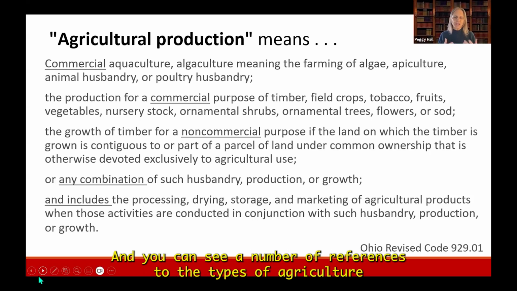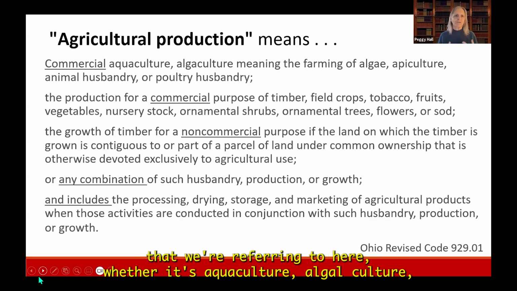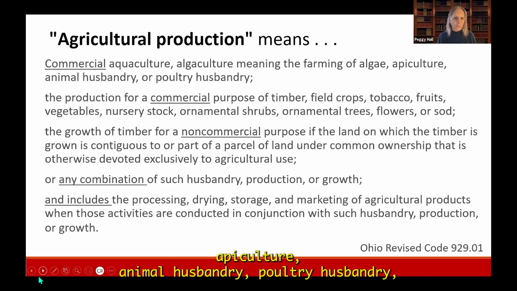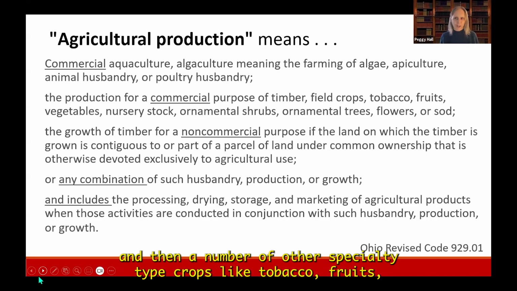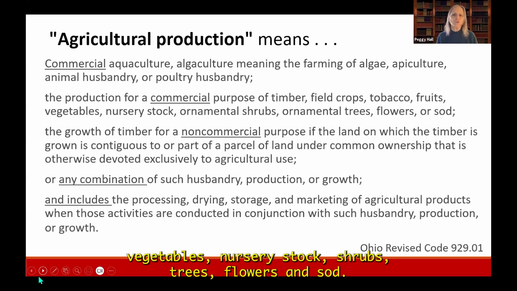And you can see a number of references to the types of agriculture that we're referring to here, whether it's aquaculture, algaculture, apiculture, animal husbandry, poultry husbandry, timber production, field crop production, and then a number of other specialty type crops like tobacco, fruits, vegetables, nursery stock, shrubs, trees, flowers, and sod.